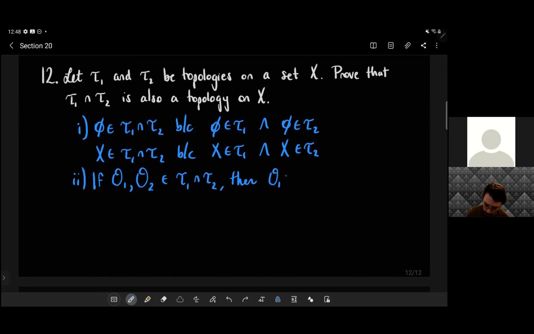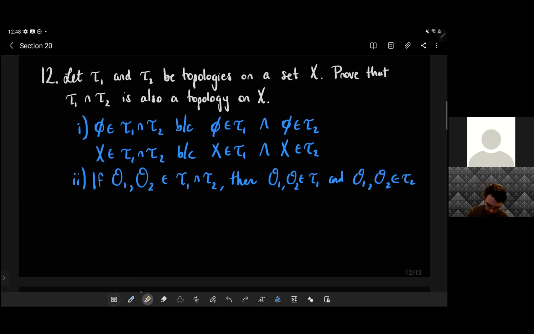O1 and O2 are in the first topology, and O1 and O2 are also open sets in the second topology, because they're both in the intersection. They have to be in each.